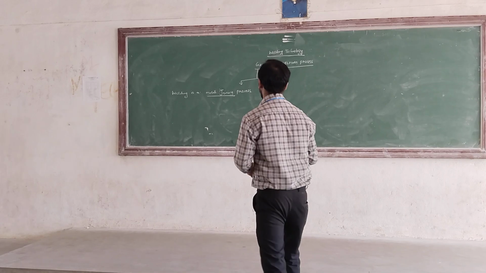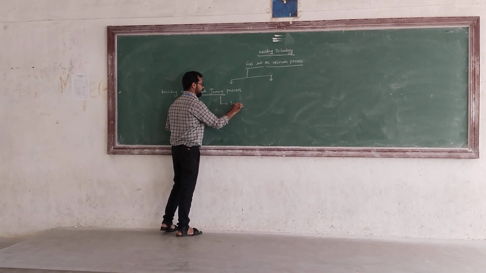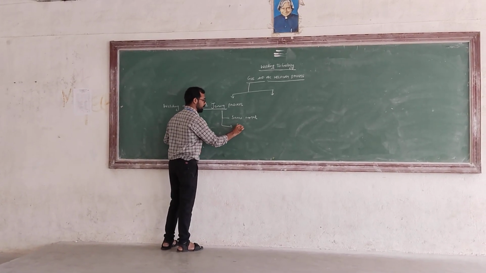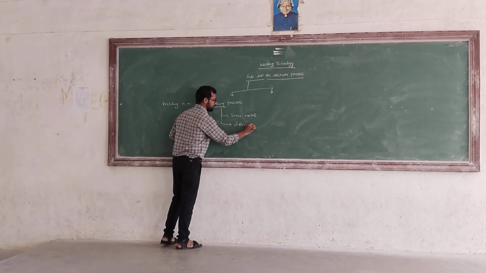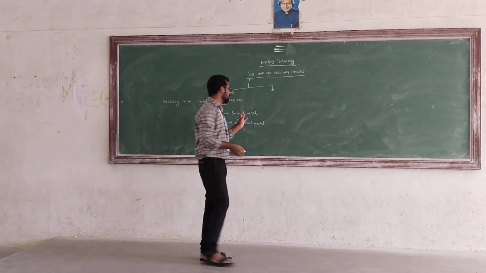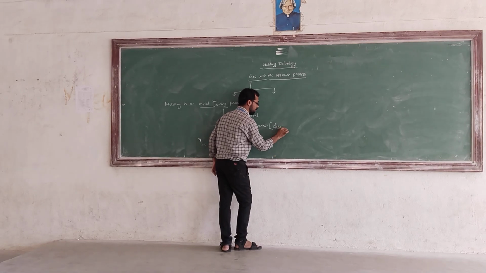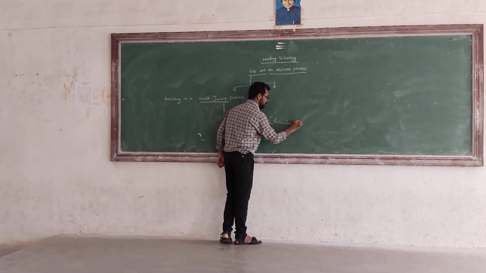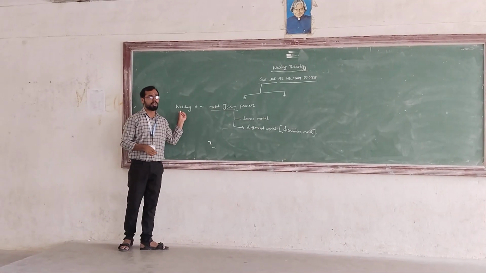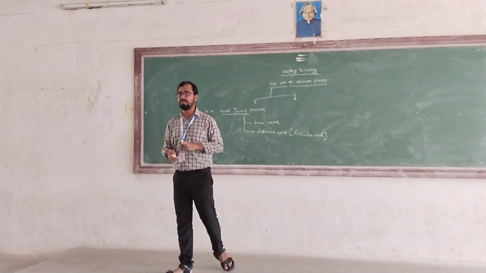So it is a joining process where the metal can be the same metal or a different metal. That different metal is also known as dissimilar metal.